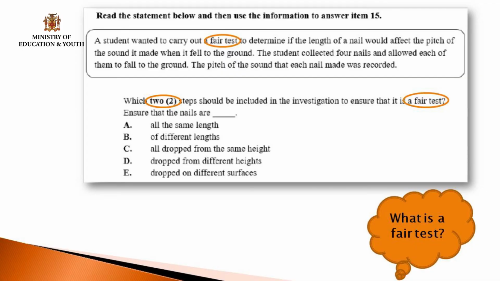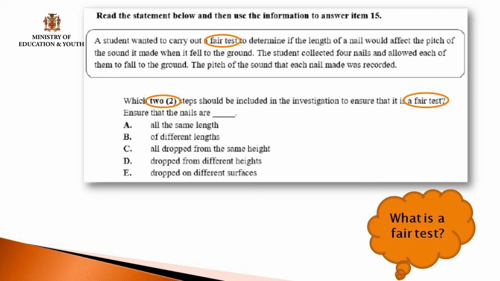All right, so now we're at our final question in this our PEP science session. We're given some information, and this one we need to take it slow so that we can pick up all the points that we need to answer this question. The student is carrying out a fair test, and in that test they want to determine if the length of a nail would affect the pitch of the sound made when it falls to the ground.